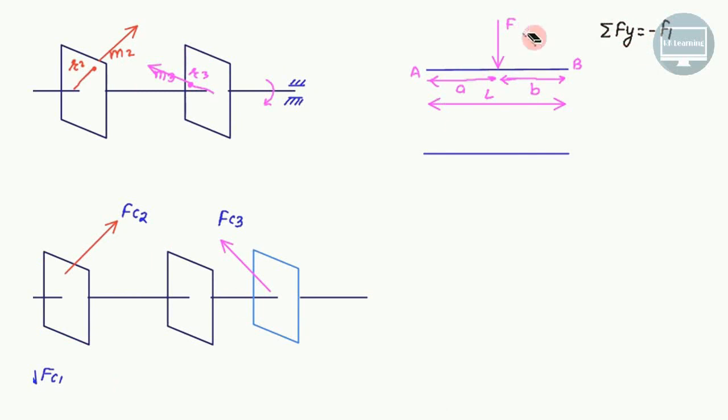Sigma Fy, I will say just F. It is simply minus F. At the same time, the moment of this force about point A, clockwise, is F multiplied by A. And the moment of this force about point B is minus F into B.